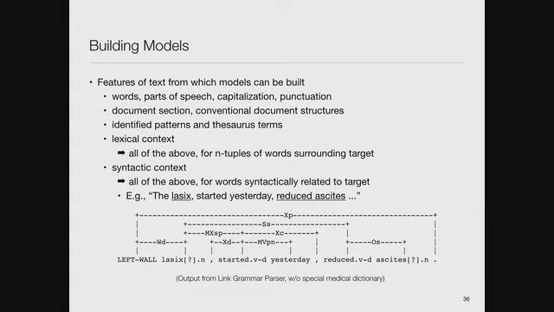So in those days, we used something called the link grammar parser, which doesn't make a whole lot of difference what parser, but you get either a constituency or a dependency parse, which gives you relationships among the words. And so it allows you to include as features the way in which a word that you're looking at relates to other words around it.